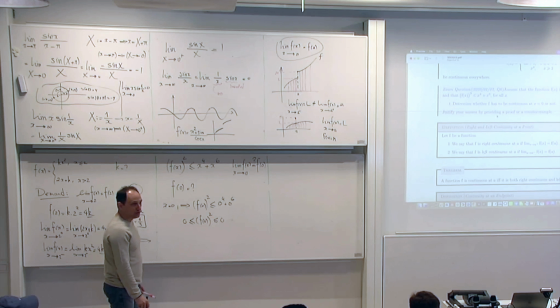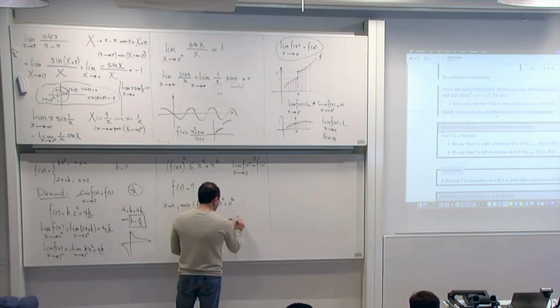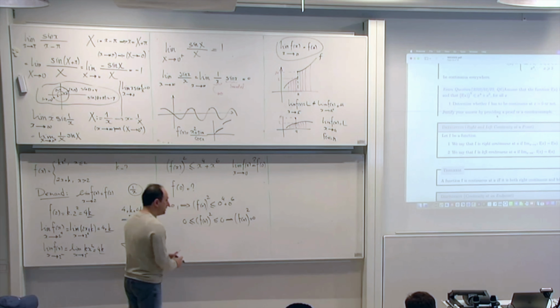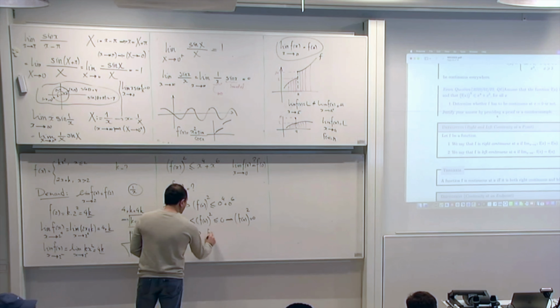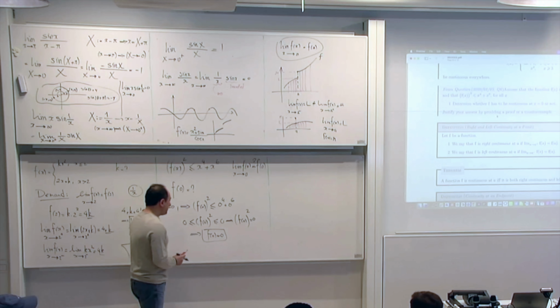So I have a number, which I don't know yet, but I know this number is sandwiched between 0 and 0. There's only one possibility. So this means f of 0 to the power 2 is 0. But if f of 0 to the power 2 is 0, this means f of 0 is also 0. Okay. This is the first thing.